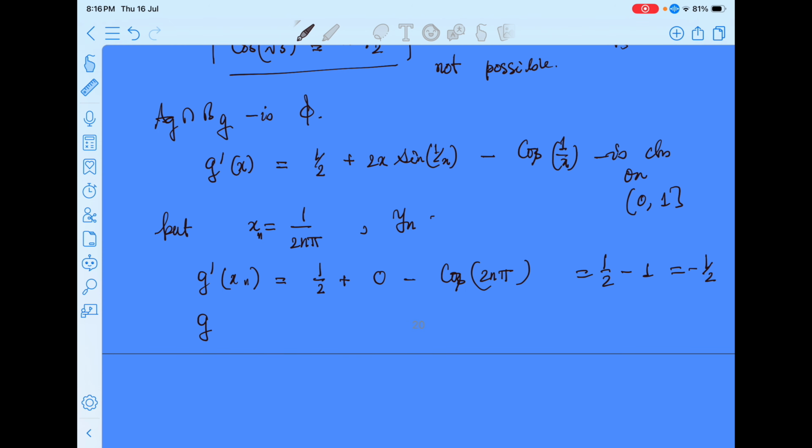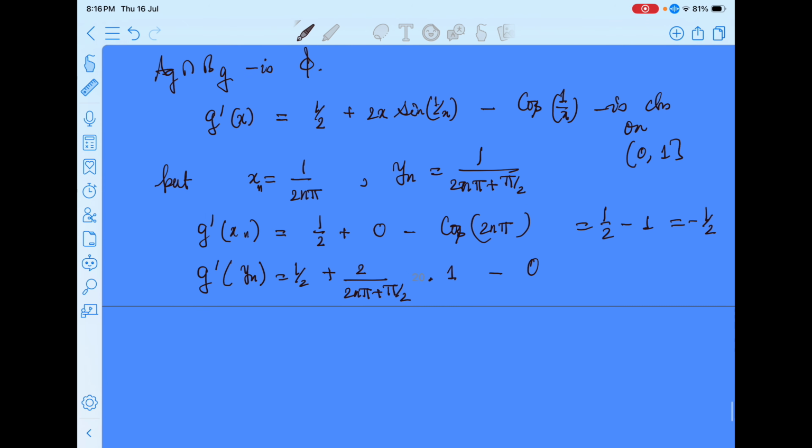And if you put y_n to be 1/(2nπ + π/2), then g'(y_n) equals half plus 2/(2nπ + π/2) times 1, because sin(2nπ + π/2) is 1, minus cos(2nπ + π/2), which is 0. So that means this is half plus 2/(2nπ + π/2), which is positive.